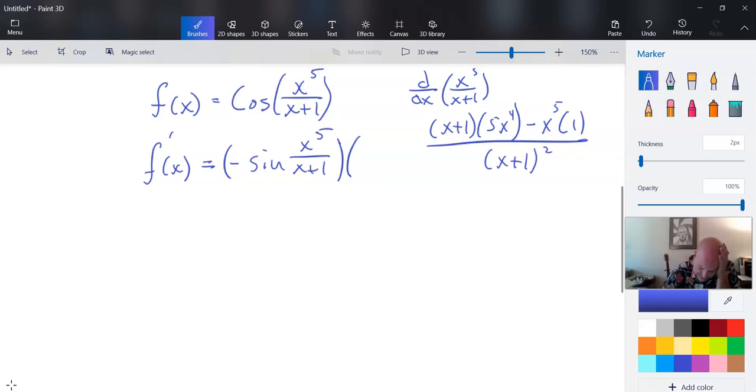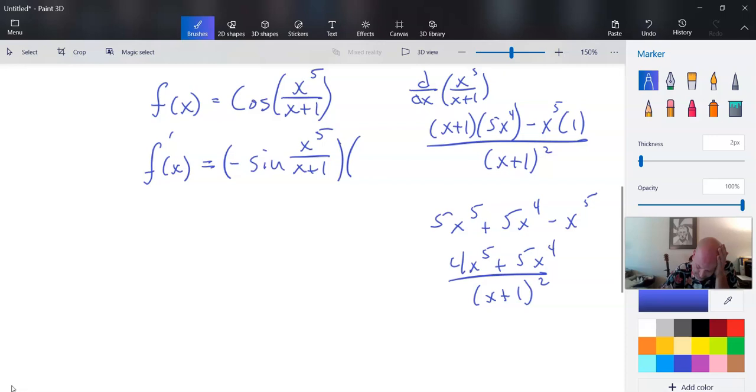If I distribute that, that gives me 5x to the fifth plus 5x to the fourth minus x to the fifth. Okay, so that means it's 4x to the fifth plus 5x to the fourth over x plus 1 squared. Okay, so that's the derivative of the inside.